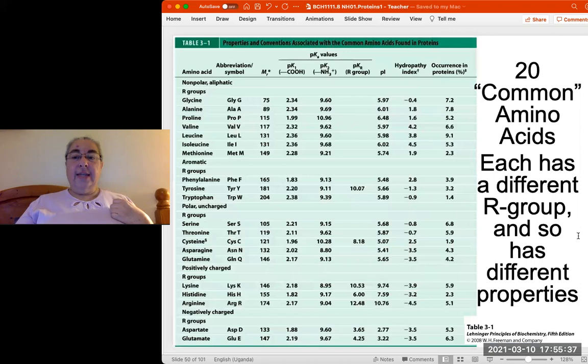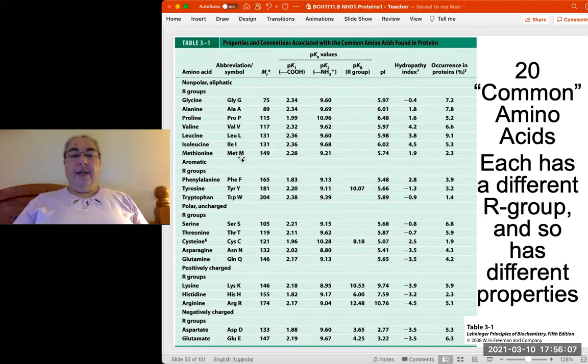So here is a table from Lehninger. If you go to the Lehninger textbook, you will see this table. Here is just the 20 amino acids listed and some of their properties, which you will start to find useful as we go on to look at them more. So first thing to notice is that the 3-letter and 1-letter abbreviations are also on this table.